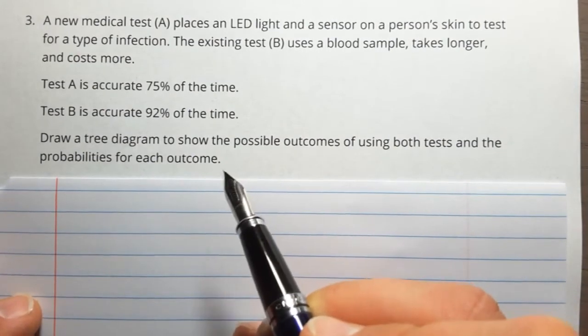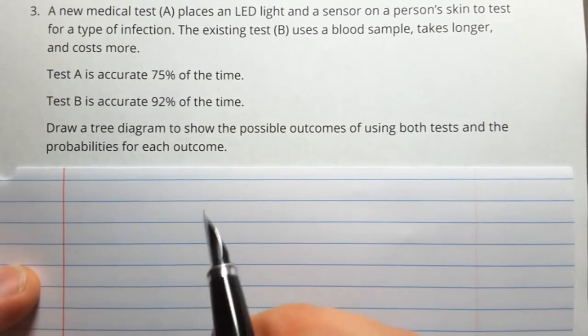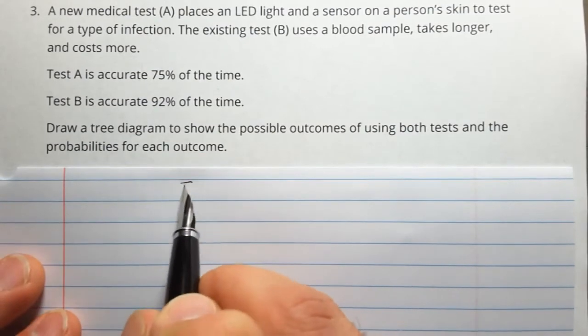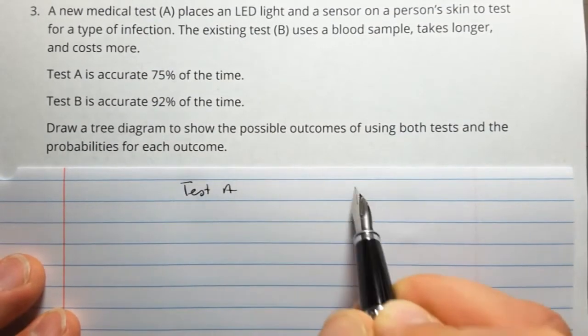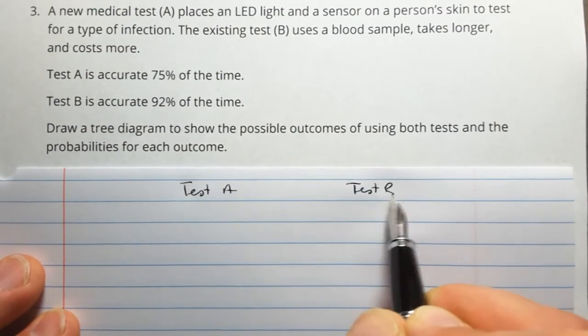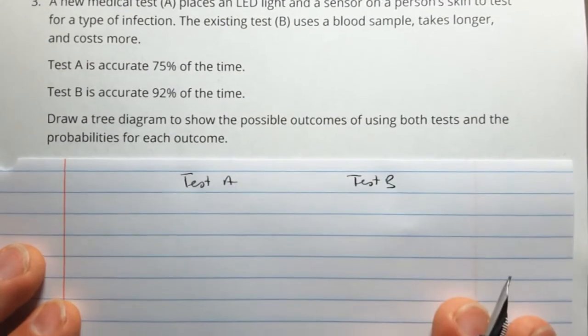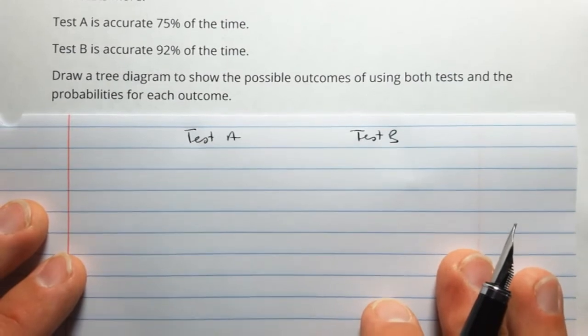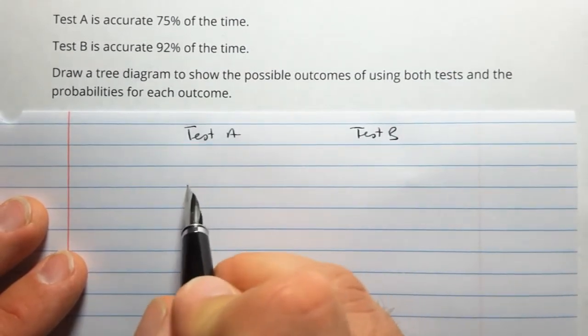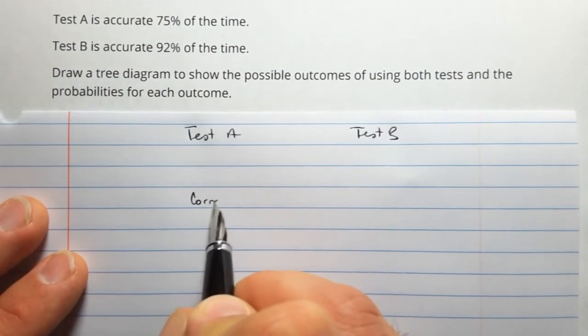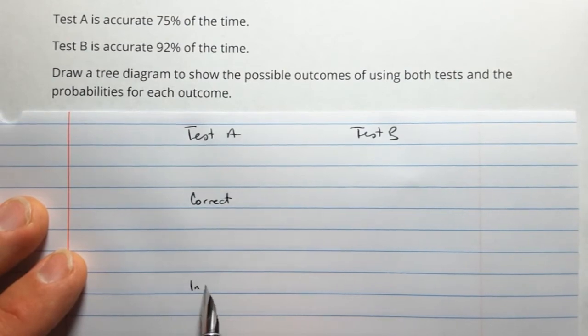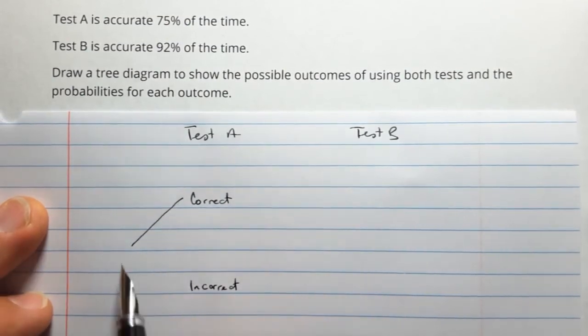Okay, so let's start with, I'm going to maybe put some labels at the top here. We can have test A and then test B are going to be sort of columns in our tree. Let me just move up a smidge here. So test A can be, let's say, correct or incorrect, so accurate or not, like this.